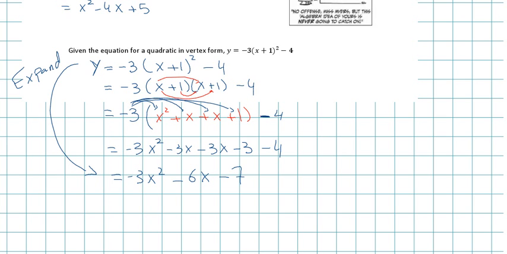The y-intercept is the c, the one at the end, -7, and your vertex is -1, -4. So with the whole procedure, we can get the vertex and the y-intercept, depending on what's given to you. From the vertex form, you can get the vertex, and from the standard form, you can get the y-intercept. So it's converting from vertex to standard.